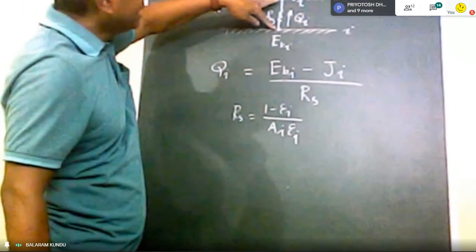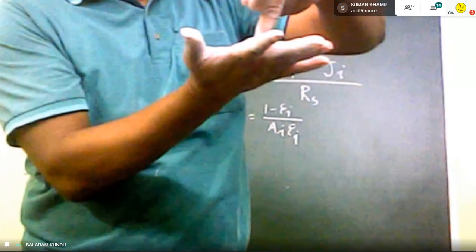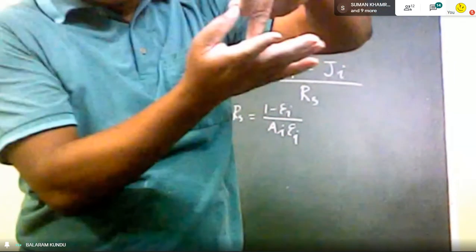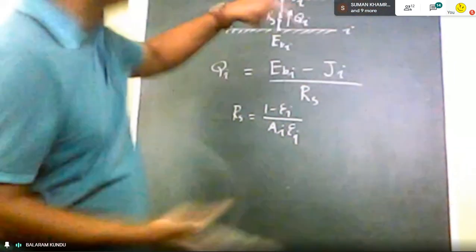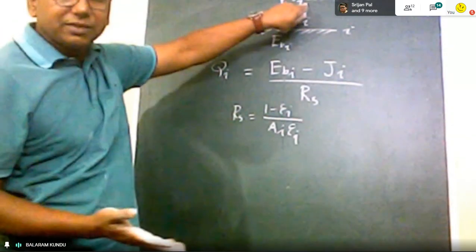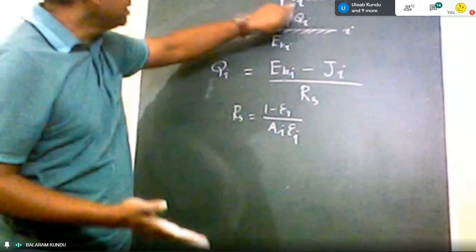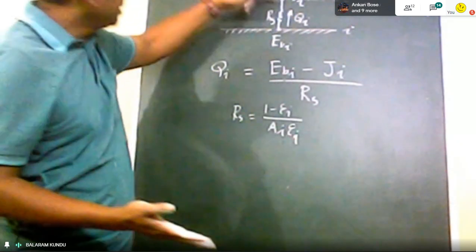Suppose this is the surface: on the surface Ebi, and in the space Ji. So this is a hypothetical point, and for the radiosity we have to consider a hypothetical point. Ji is in the space.